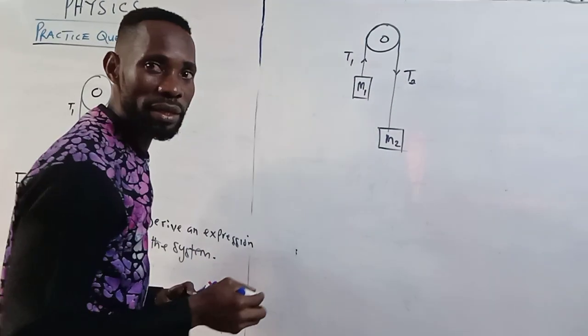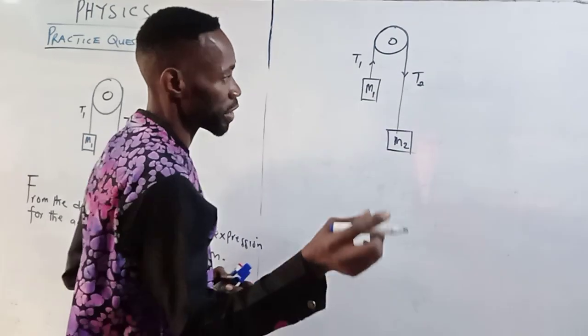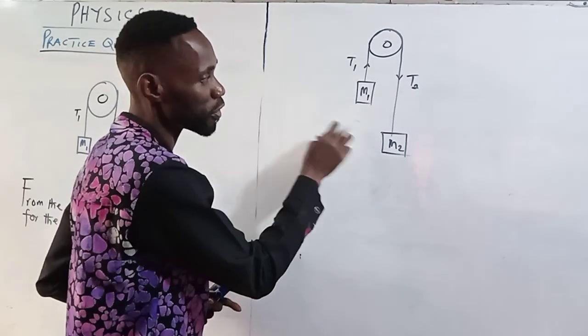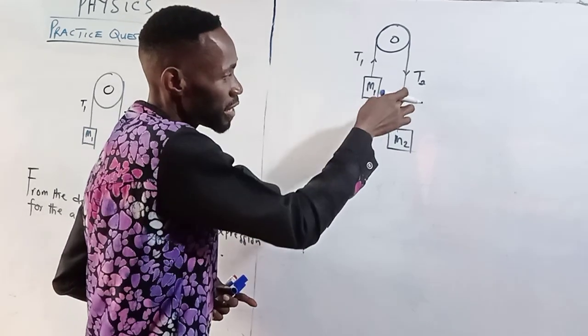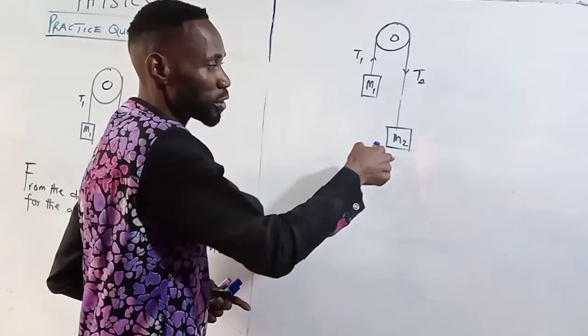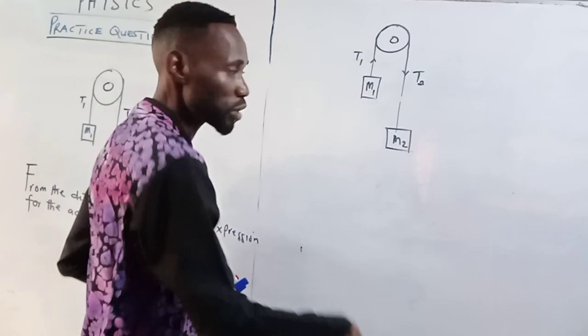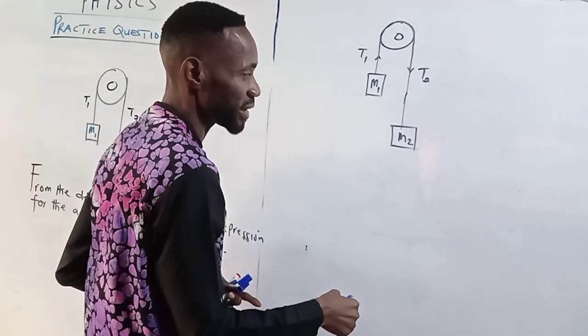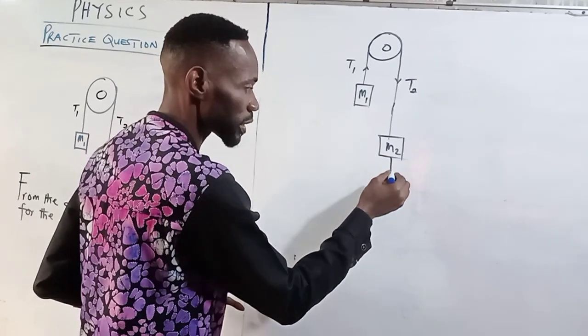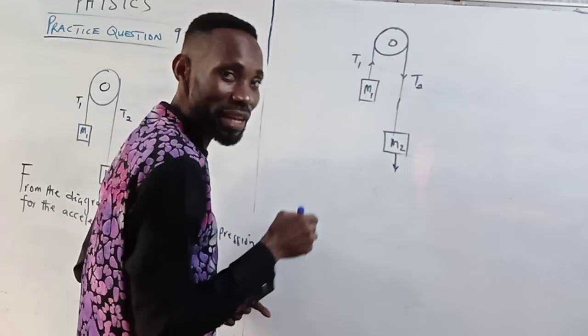Now take a look at it. It should be recalled that these two bodies of masses are under the effect of gravity. That is to say, if there is a cut here, this body of mass begins to fall down. So it means it is under the influence of gravity. So the weight of this object is acting vertically downward.